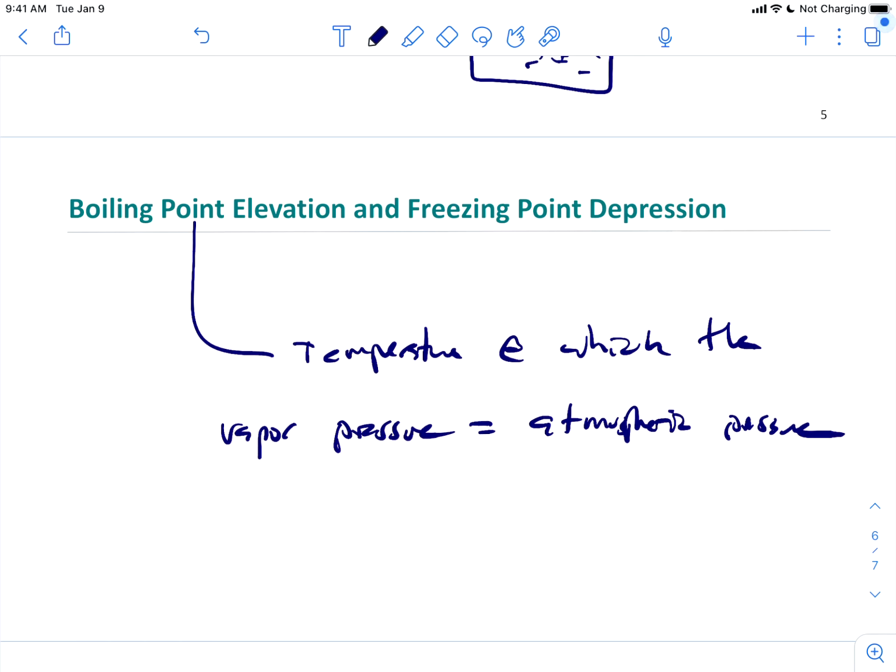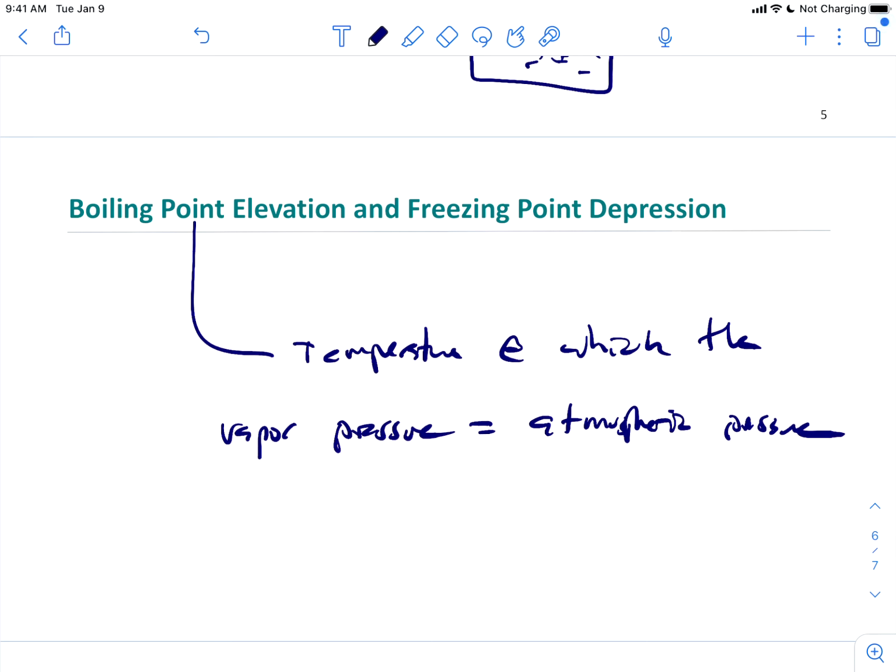So what that means is the normal boiling point of water is 100 degrees C. At 100 degrees C, that means the pressure of water above its liquid phase, if we had a sealed container, would be 1 atmosphere. And that's equal to normal atmospheric pressure at sea level. That's what happens when those two pressures are equal.